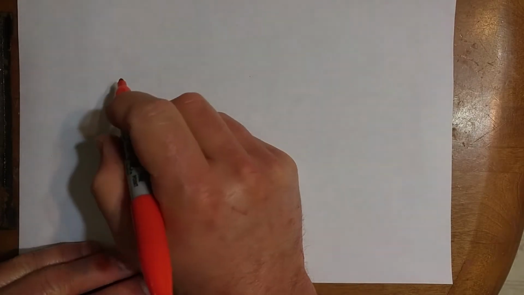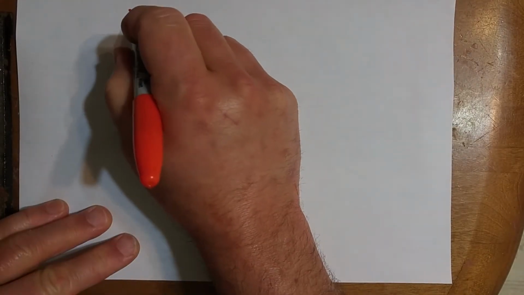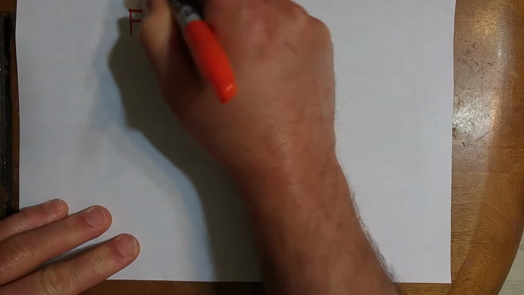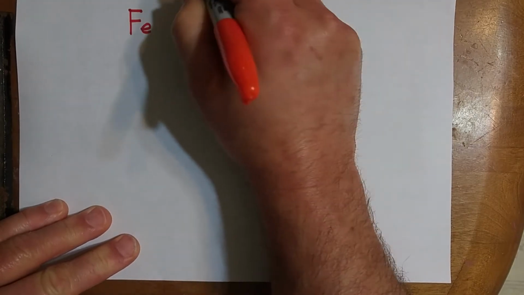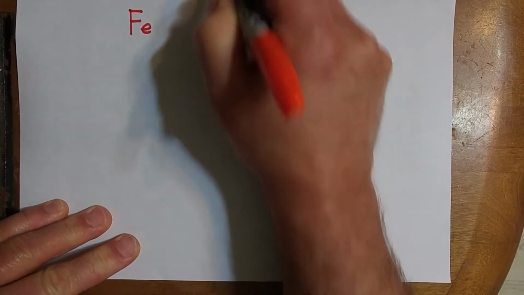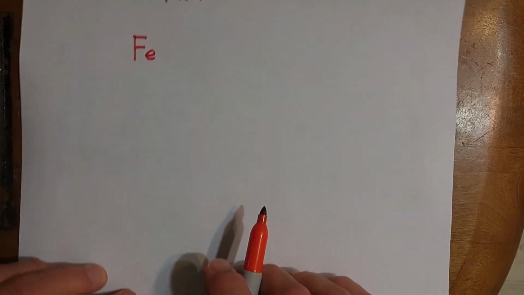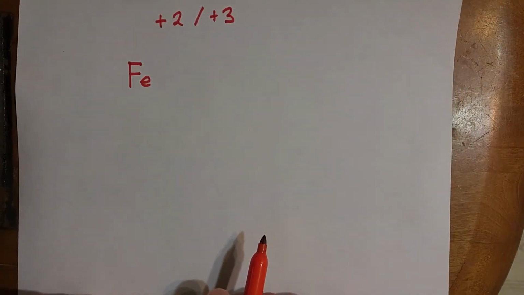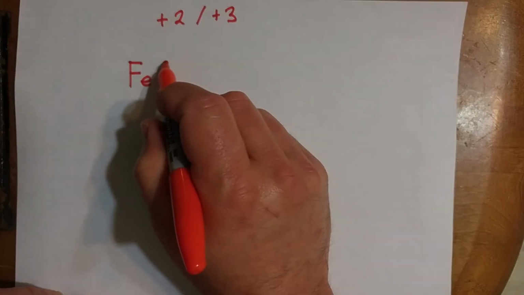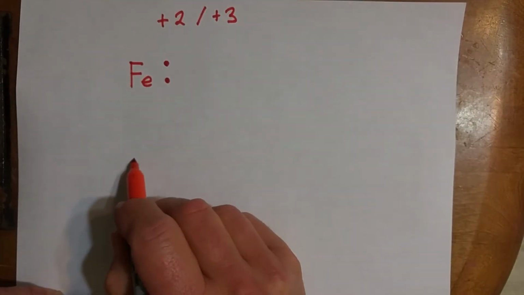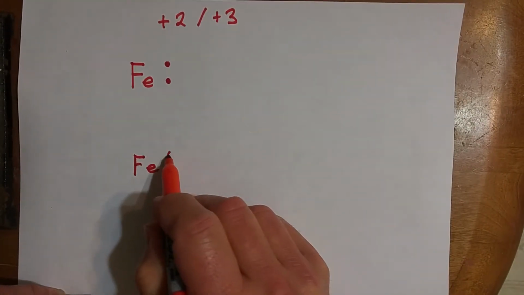All right, iron is listed on your atomic table as having +2 or +3. What does that mean? It means iron can show up like this, or iron can show up like that.